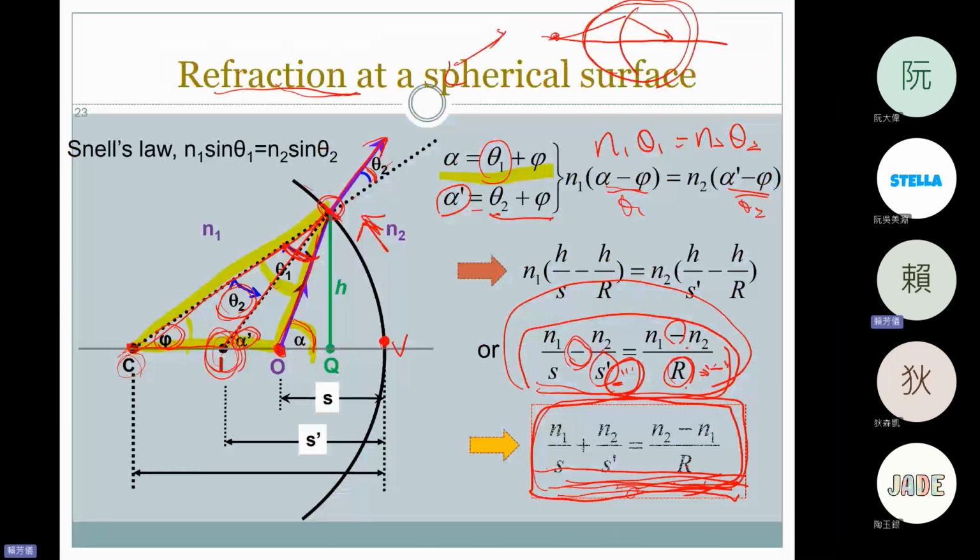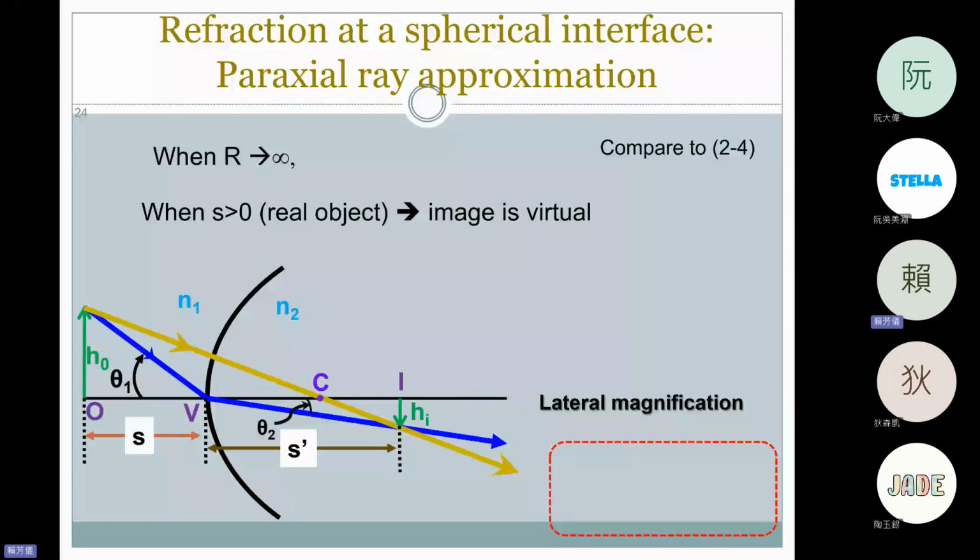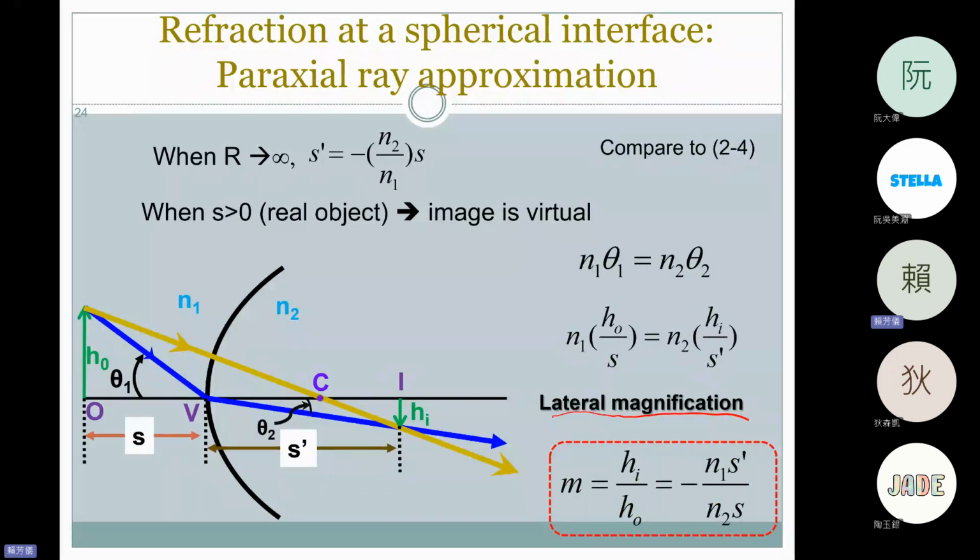Okay, and here is another method, also using the parallel ray approximation, to find the lateral magnification. How do we calculate the lateral magnification?